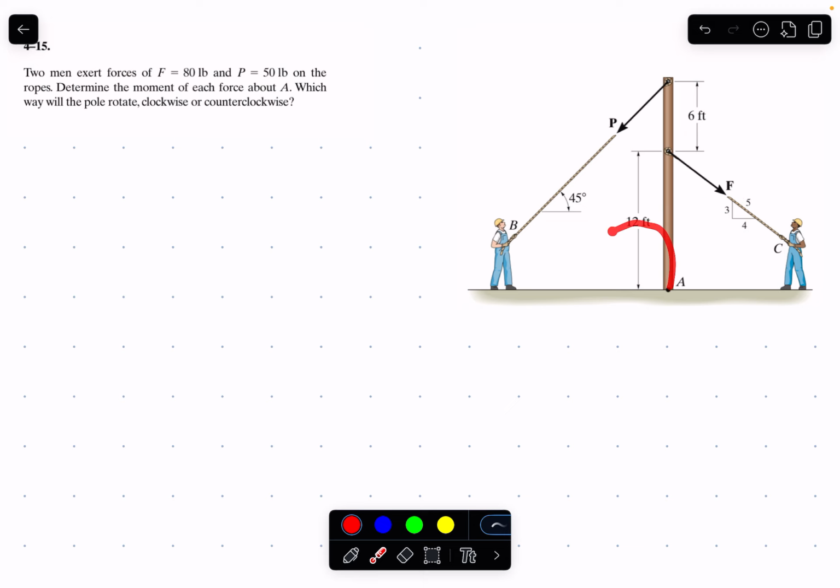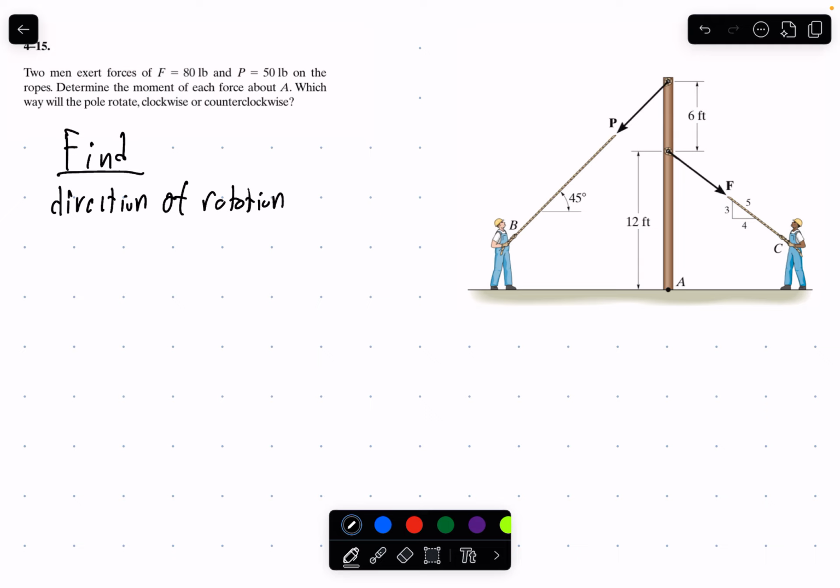So our find variable isn't actually going to be a number this time. Our find is going to be the direction of rotation. This is what that would look like: if the moment caused by F is greater than the moment caused by P, then we'll be going in the clockwise direction.